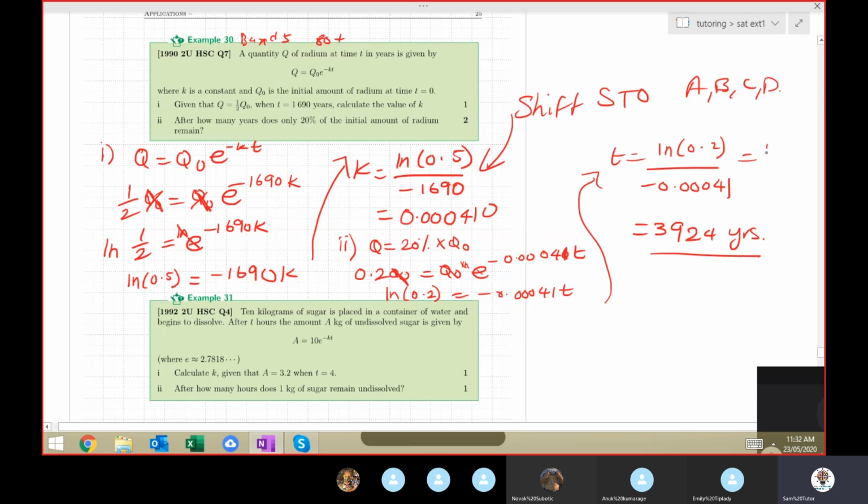Then all you do is log of 0.2 over, let's say A, which would be alpha A, because it's red, or alpha B, alpha C. Just keep that in mind. Don't use a rounded answer at the end, because you're going to round twice, and then your last one you could have probably had 3,925 years or 3,923 years, and that would be wrong.